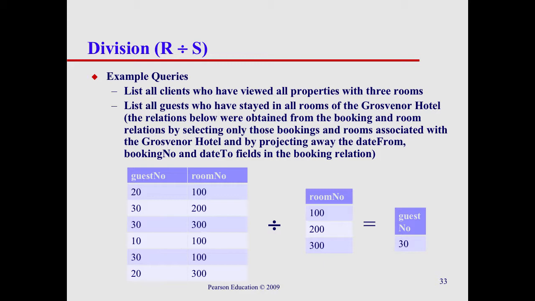So it's like just a more stringent version of a join. So guest 30, in some sense, matches every row in this room number relation, because for every tuple in the room number relation, there is a corresponding tuple for guest number 30 in the booking relation.